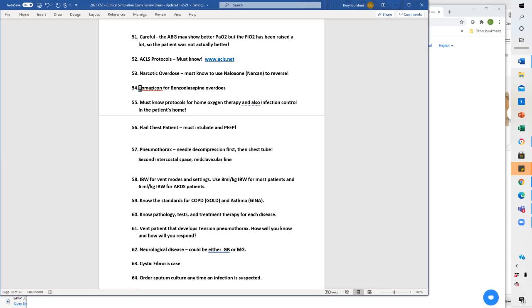But romazicon, which is flumazenil, let me actually get both of them on the same thing here. Might be given for benzodiazepine overdose. So that is relatively new to the clinical simulation, and now you know to watch for it. Naloxone for narcotic overdose, romazicon, which is flumazenil, for benzodiazepine overdose.